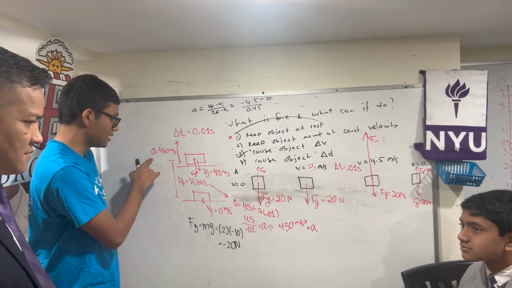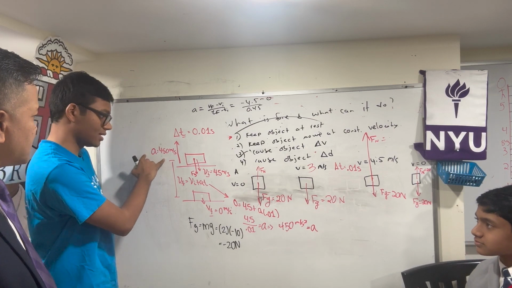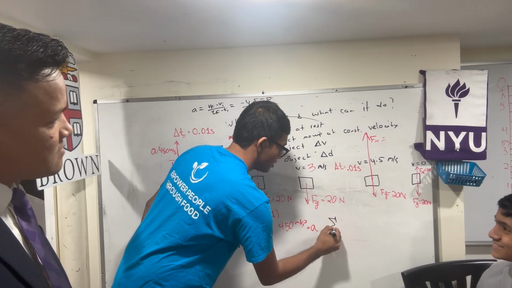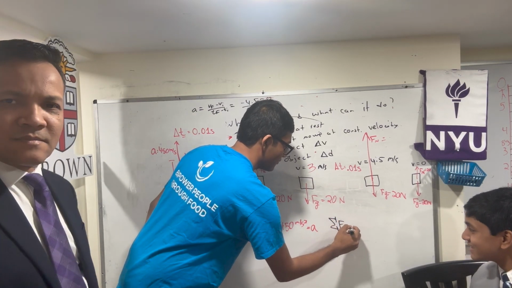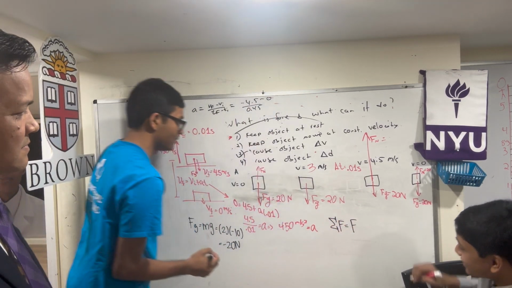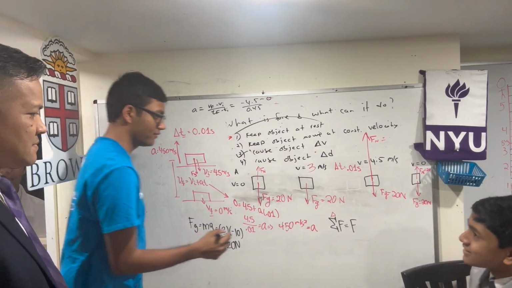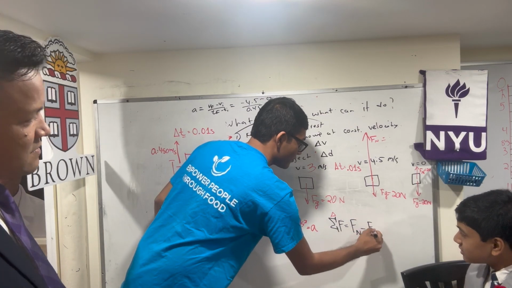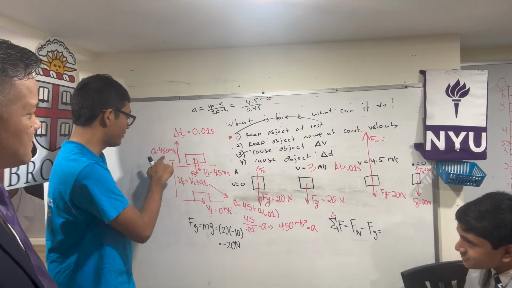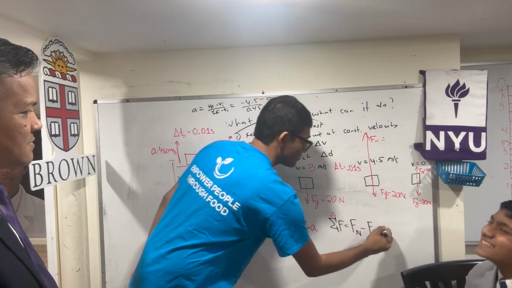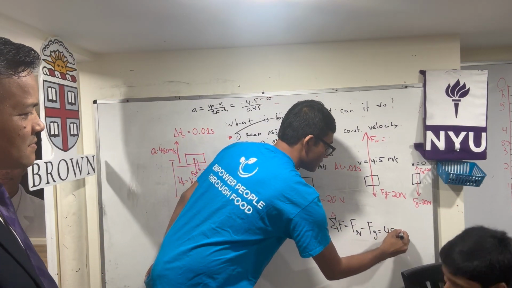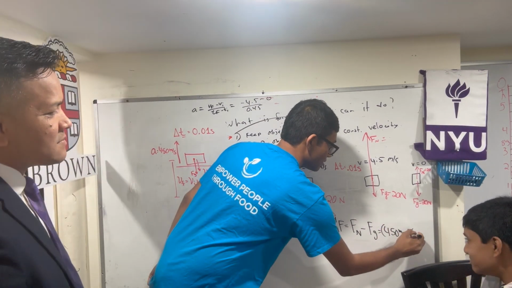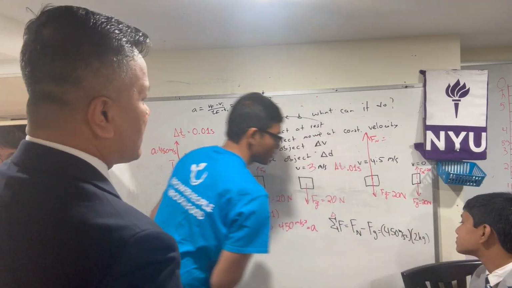And we know what the net force on the book is. We know what delta F is. So F is equal to the normal force minus the gravitational force, and this should equal 450 meters per second squared times the mass of the book, 2 kilograms. 900.